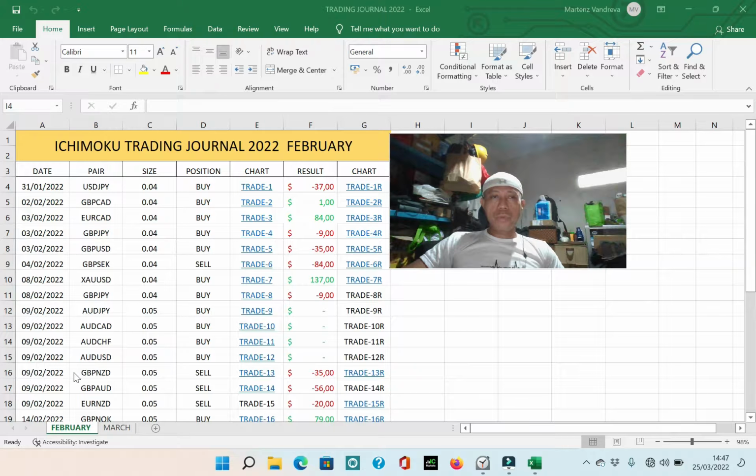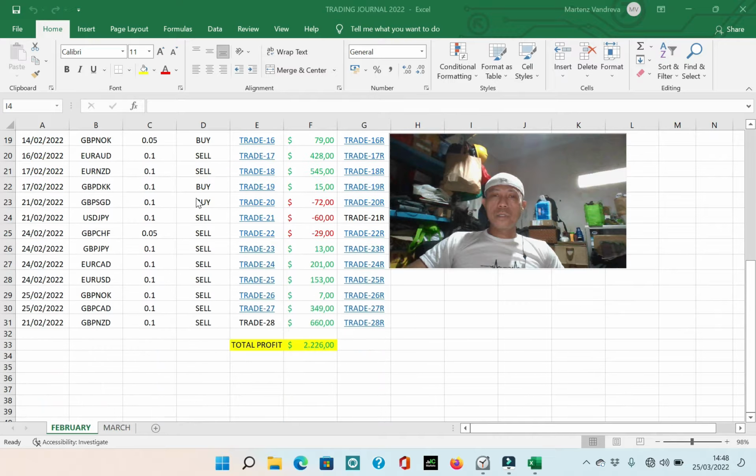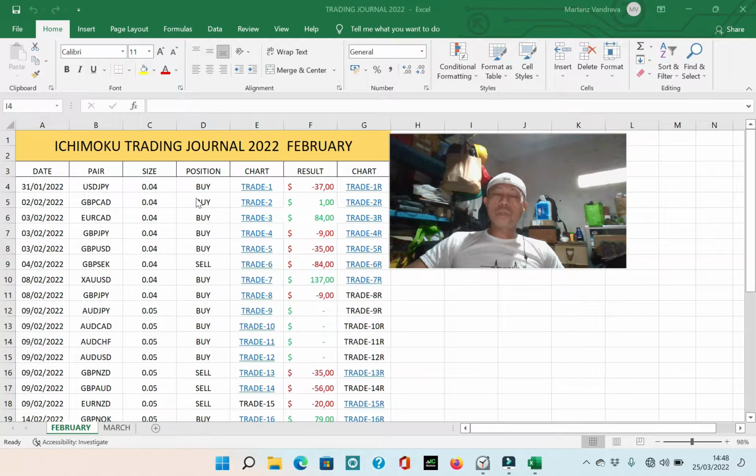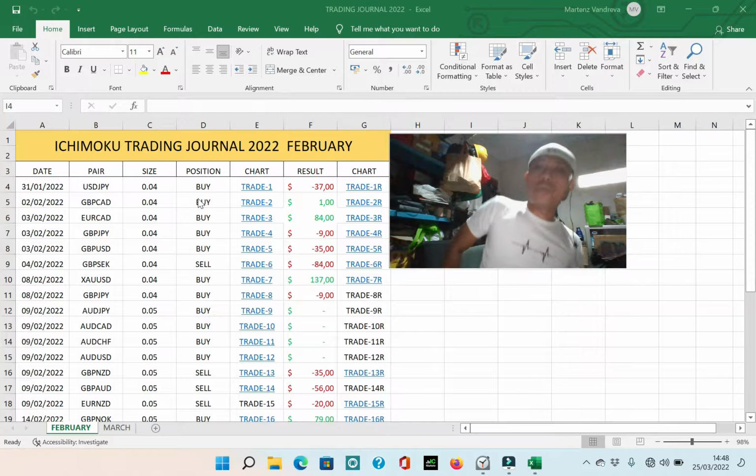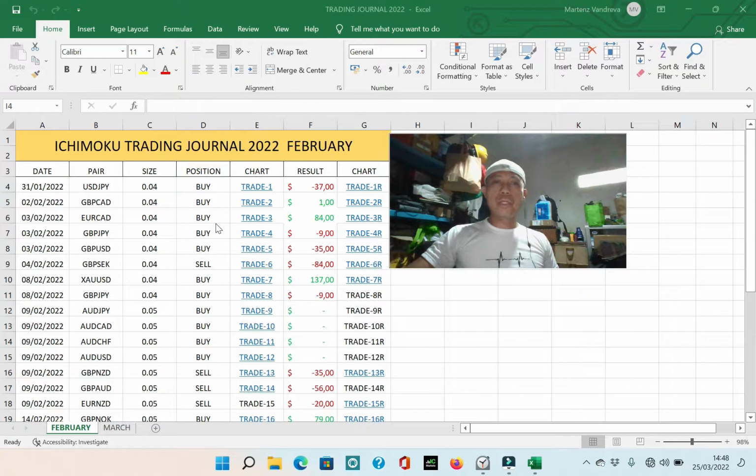We just go straight to the Excel spreadsheet. As you can see, it's not always smooth sailing, always green, always profit, always making hundreds or 1,000 pips. No, it doesn't work like that. It's just like normal daily business.